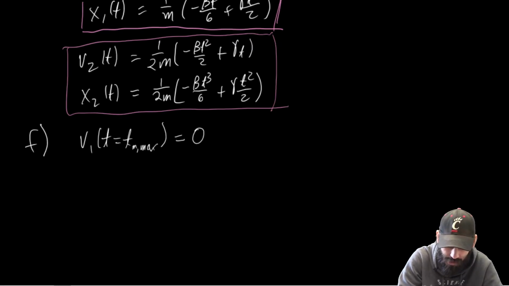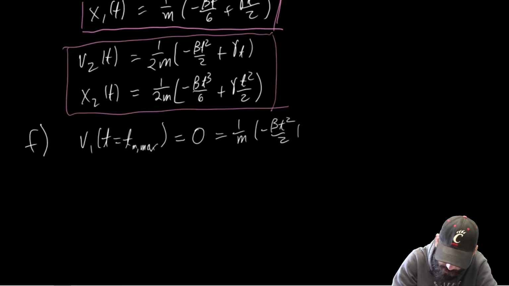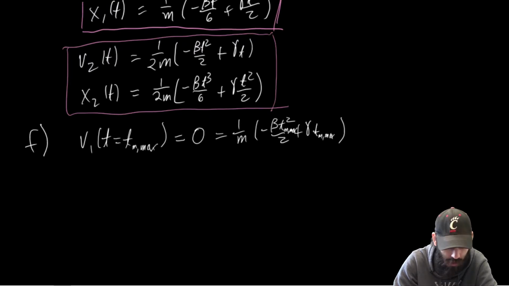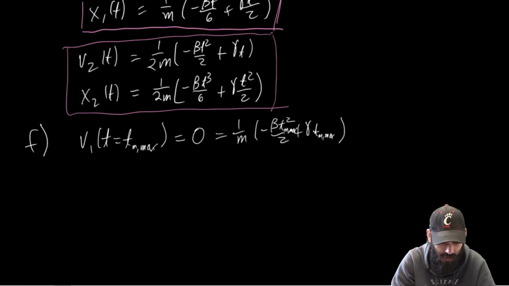And so we can take that function. This is equal to 1 over m times minus beta t squared over 2 plus gamma times t, and these are evaluated at t m comma max. What we can see here is that we have what's called a trivial solution, that's when t is equal to 0, but the interesting solution occurs later on.